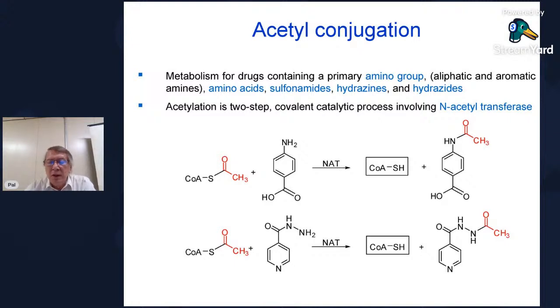Going further on the different types of conjugation reactions, the next one is the acetyl conjugation, or briefly the acetylation. Acetylation is a very common transformation, not only for exogenous, however, for endogenous compounds as well, which results in acetyl derivatives of amines or alcohols or phenols in most cases.